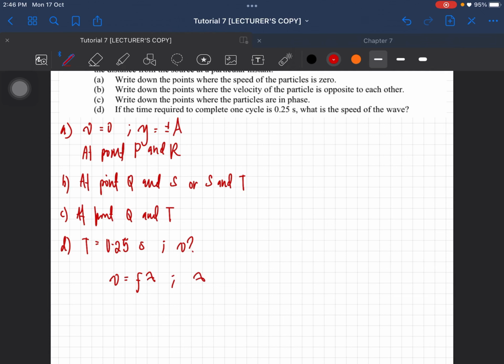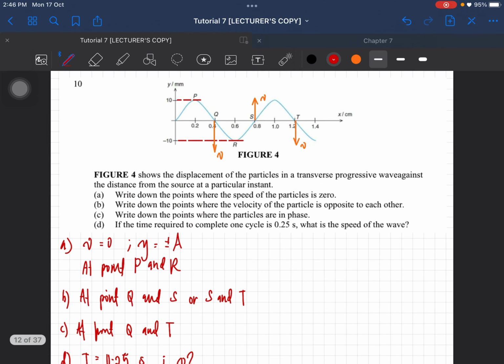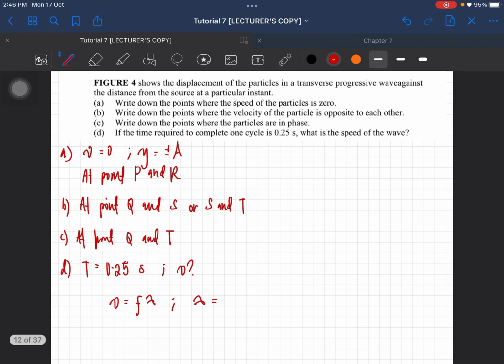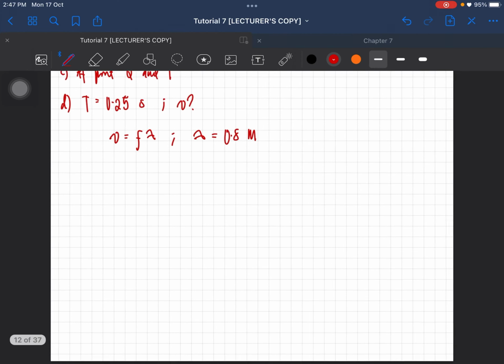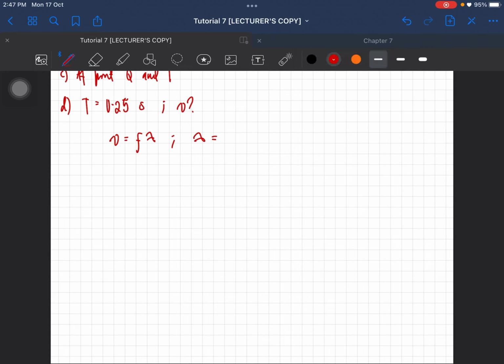So lambda is equal to, from here, one complete cycle, 0.8. So write there 0.8 meter. Is it meter? Oh, sorry, it's in centimeter. So 0.8 centimeter. That is 0.008 meter, right, correct.